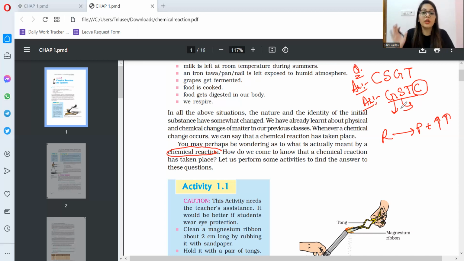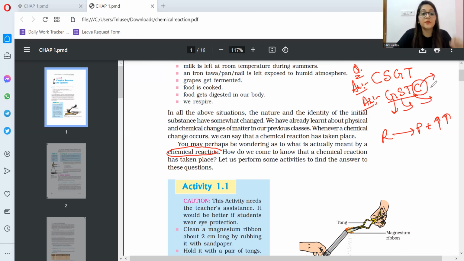That also tells us that a chemical reaction has taken place. And temperature change: let's say earlier the reactant was there and the temperature was cool, but later when the product was formed, its temperature increased. That means temperature change also tells us that a chemical reaction has taken place.